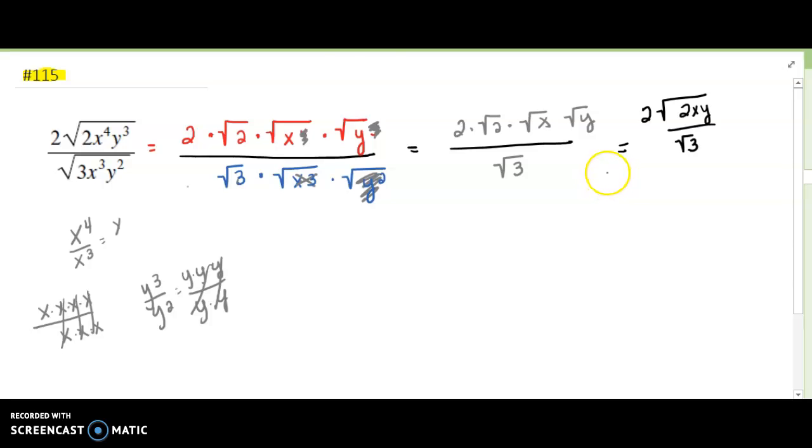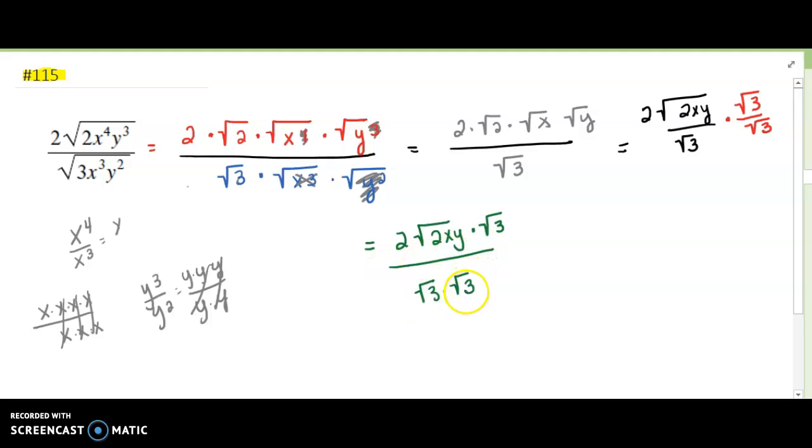Okay, I still have the square root of 3 on bottom though, and remember I can't have a square root on the bottom. So I'm going to multiply it by square root of 3 over the square root of 3. Okay, and when I do that, I get 2 square root 2xy times square root of 3 over square root of 3 times square root of 3.